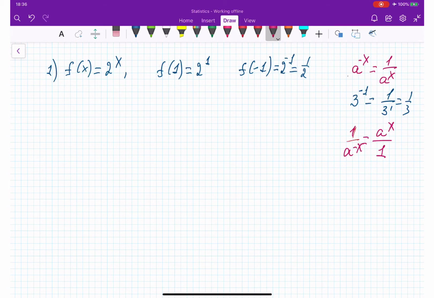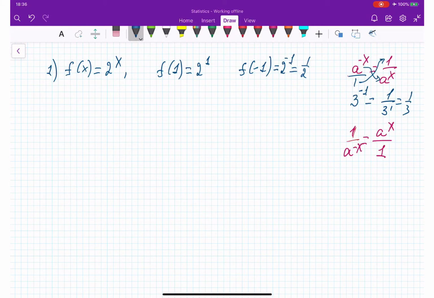The same thing we can say here for a to the power negative x. The denominator we can take as 1, because there is no denominator, that means 1. As you can see, the numerator goes to the denominator, and the denominator comes to the numerator with a positive sign.